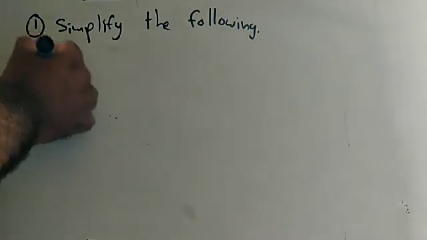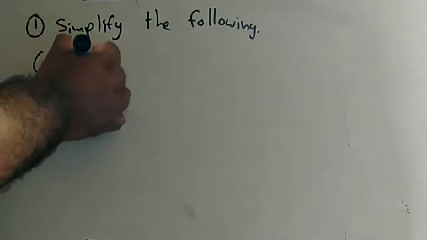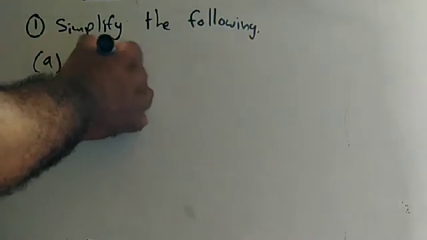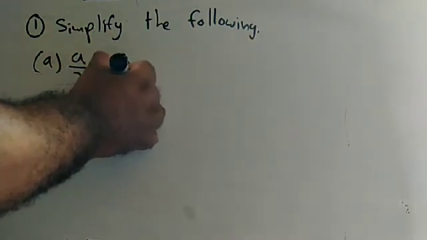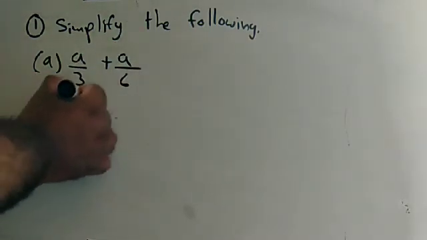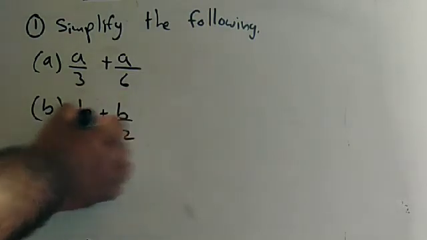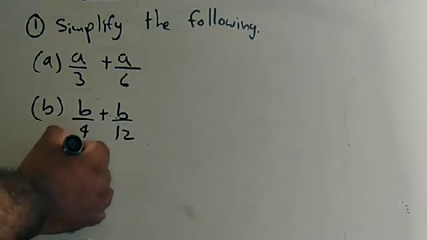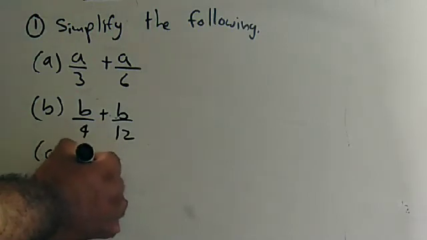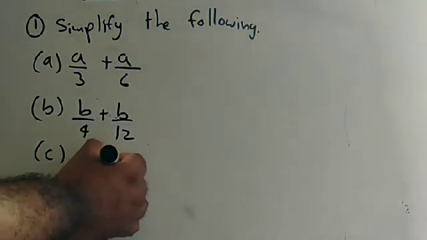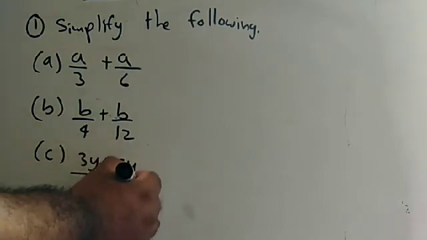First one: A, a upon 3 plus a upon 6. B, b upon 4 plus b upon 12. C, 3y upon 4 minus 5y upon 16.